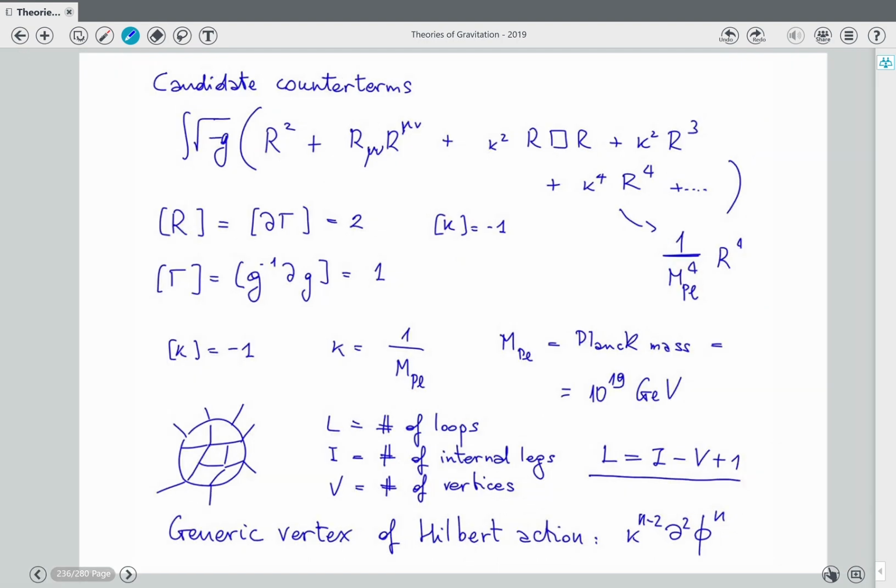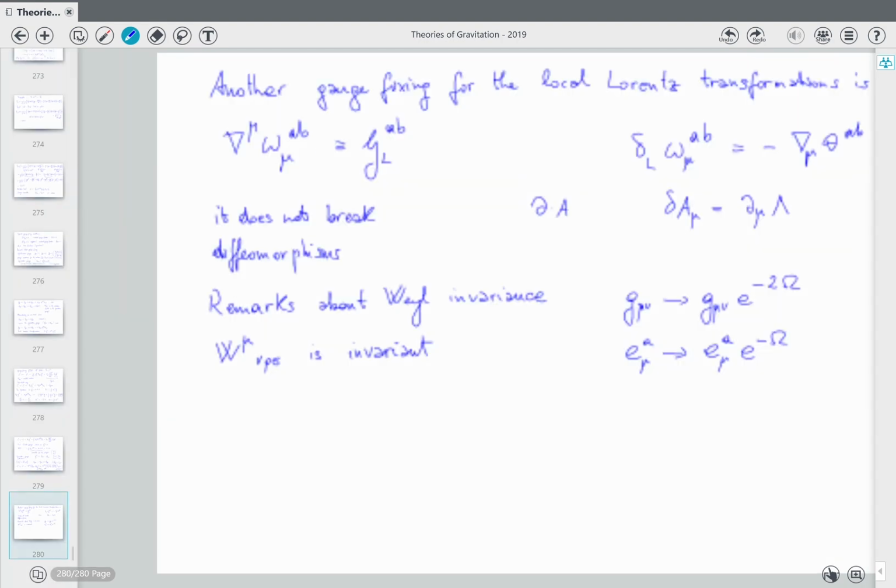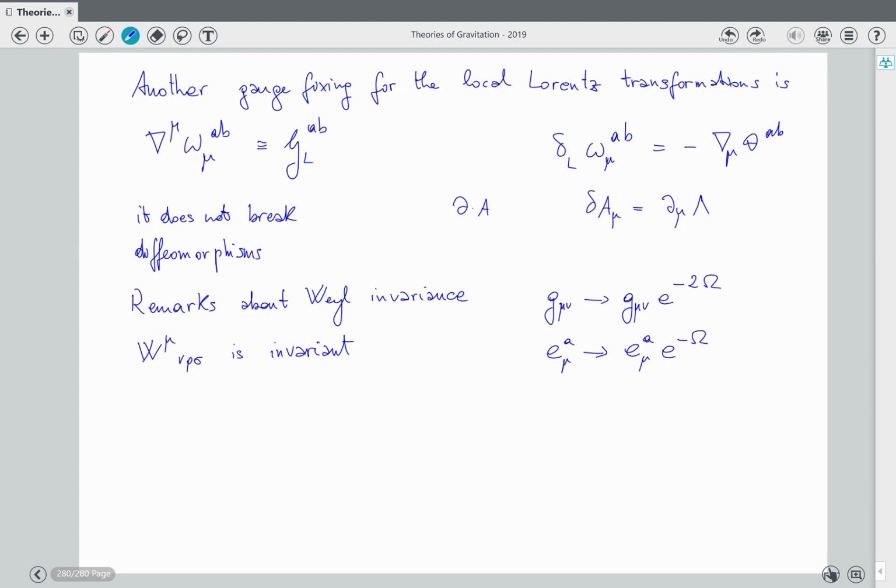Well, it's interesting to know maybe that basically all massless actions are Weyl invariant for spins 0, 1/2, and 1. Not for spin 2, the Hilbert action is not invariant, and not for spin 3/2, even worse.